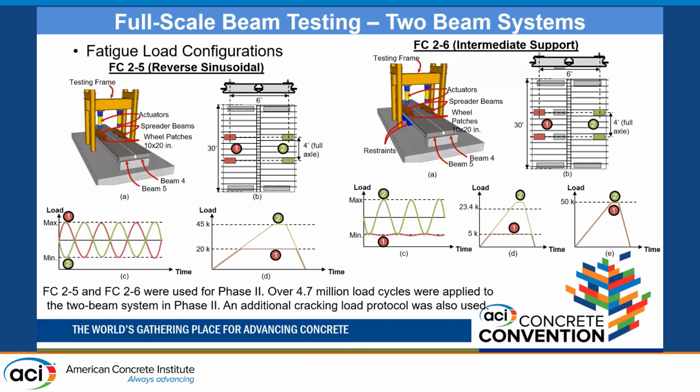We restrained the deflection of one beam while we exerted the cycles on the other beam, trying to crack that joint at the boundary region with the different loading configurations you see here. Over 4.7 million load cycles were applied to the 2 beam systems in phase 2. An additional cracking load protocol was also used because we impersonated a crack by sawing the boundary between the UHPC and the precast section.